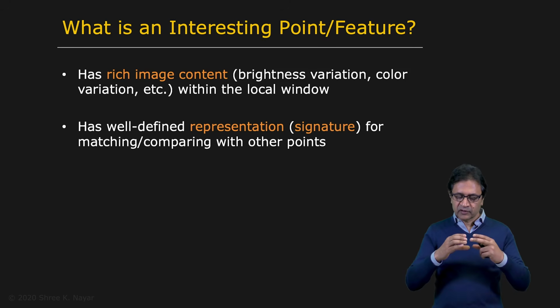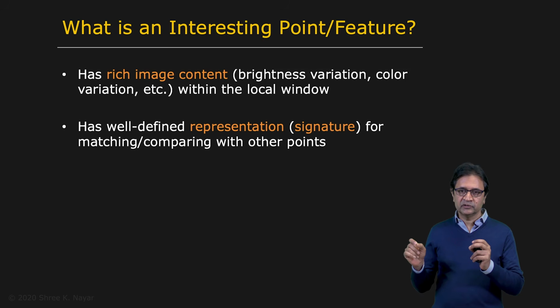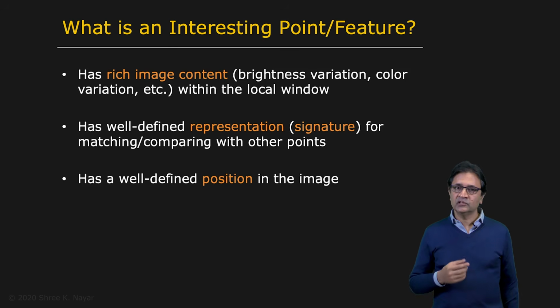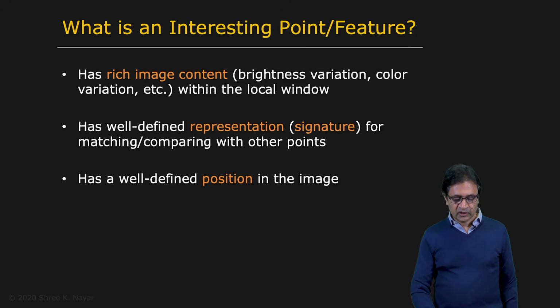What that means is that from this appearance in this local window, we should be able to compute a signature that we can then use for matching purposes. And it has to have a well-defined position because ultimately when you recognize things, you also typically want to know where they are. So position is very important. It has to have a well-defined position in the image.